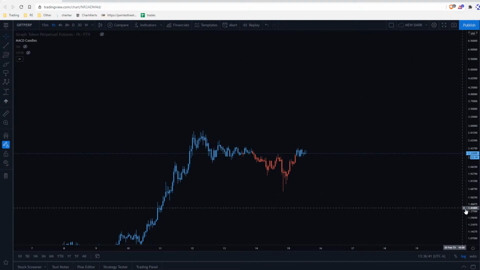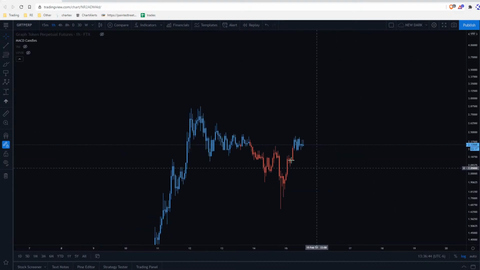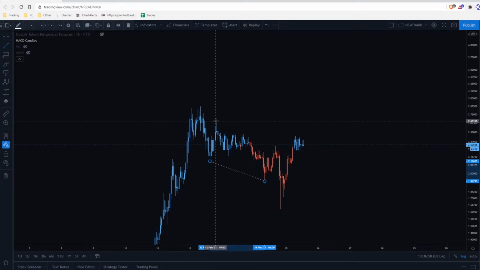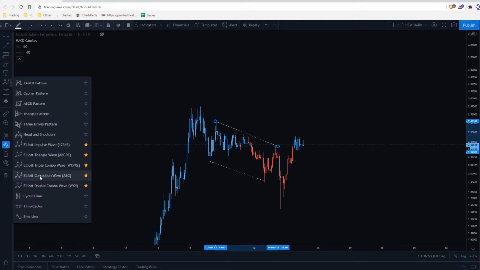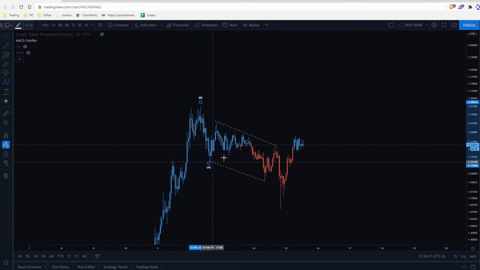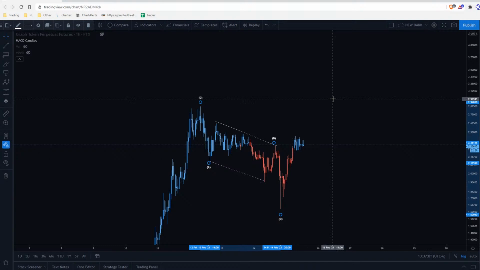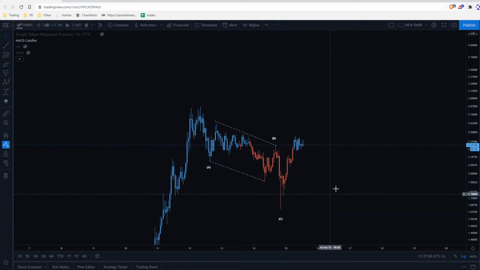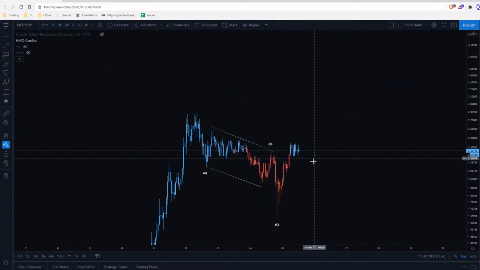It's hard to determine. Obvious running flat here for some kind of ABC. Price discovery could be massive, but it's hard for me to take a large position on this when I don't know what the target is and the ideal entry.